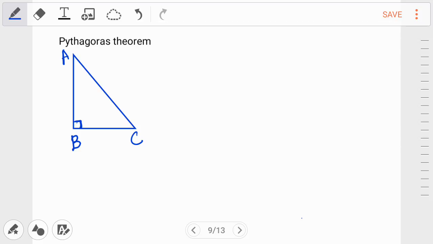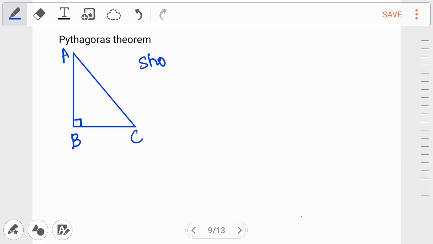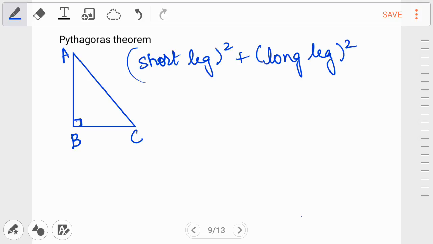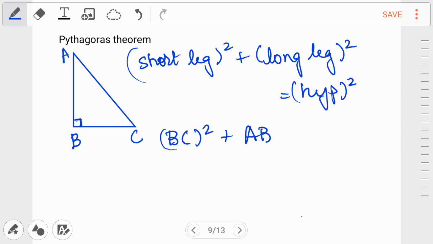For every right-angled triangle, the short leg square plus long leg square is equal to hypotenuse square. So over here, our short leg is BC square plus long leg is AB square is equal to the hypotenuse, which is AC square.